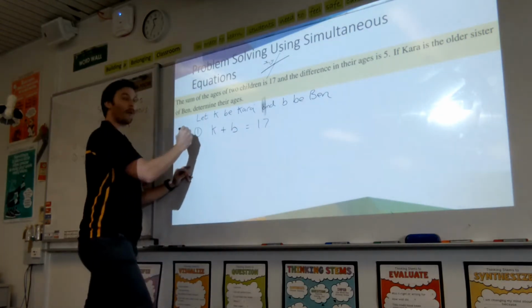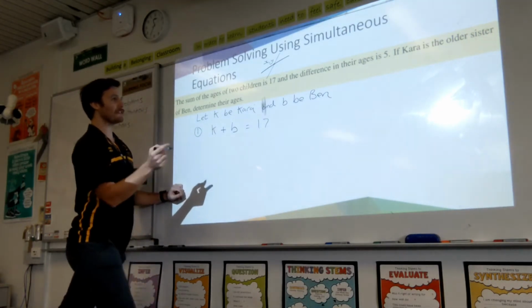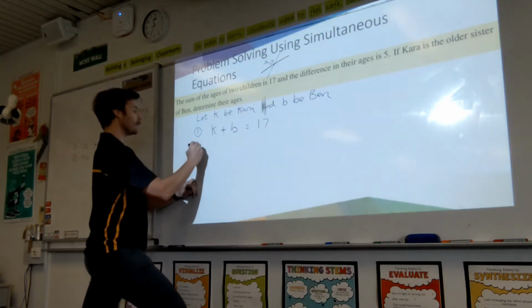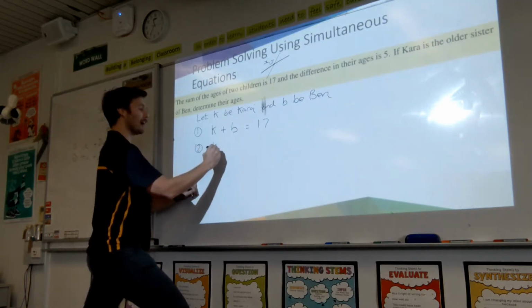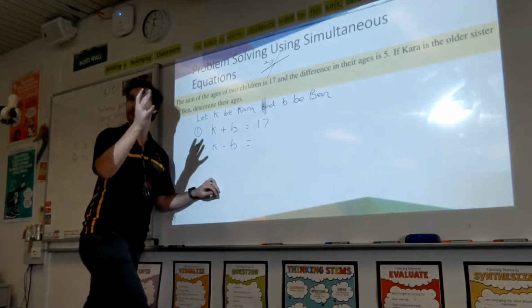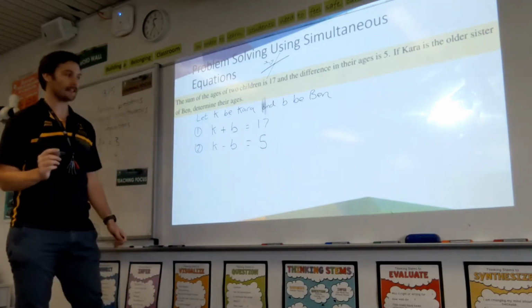I'm going to say that's equation 1 for us. Equation 2, the difference in the ages is 5, and Cara is older as well. So if we started off with Cara's age and took away Ben's age, the difference between the two is 5. So they're the two equations that we need.